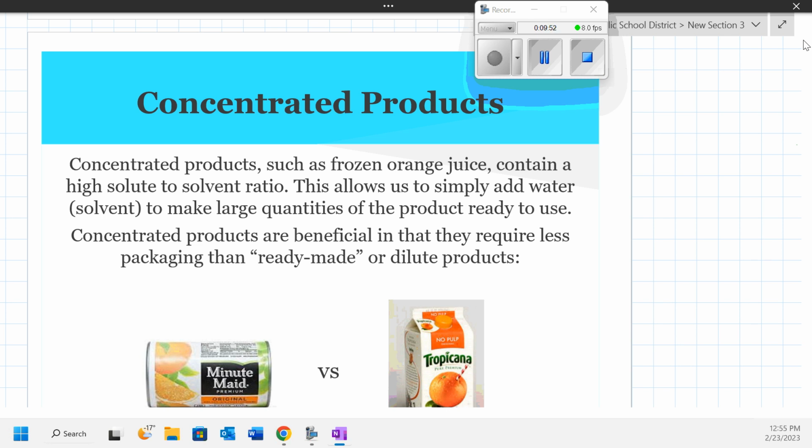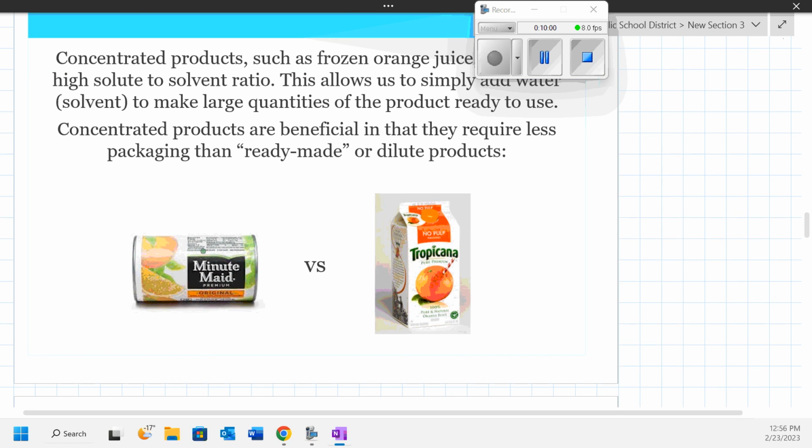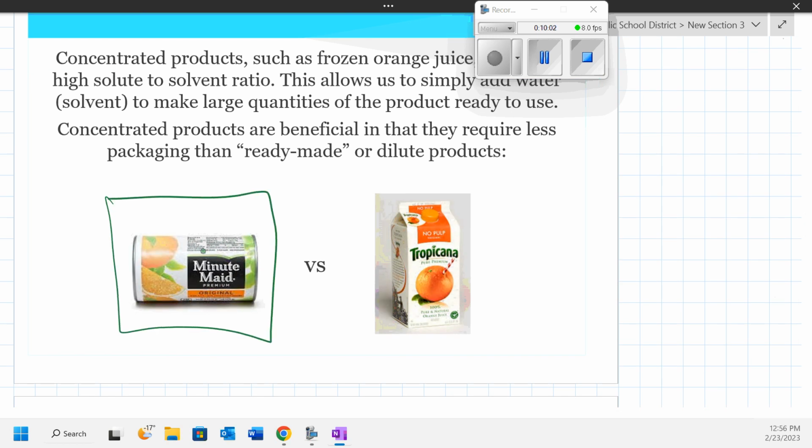The example that you have here is that those Minute Maid orange juices on this side are concentrated. While this one here that is in the box is a diluted one. It's ready to be used.